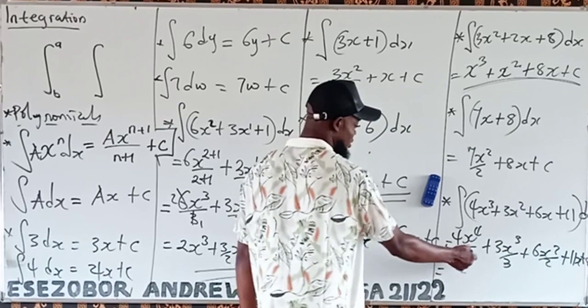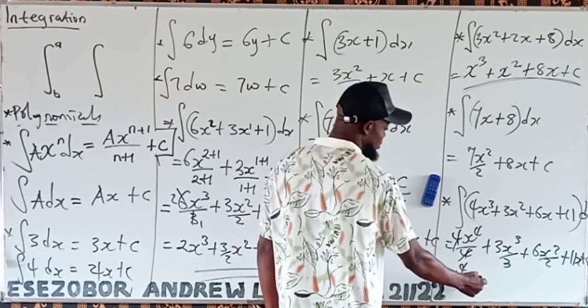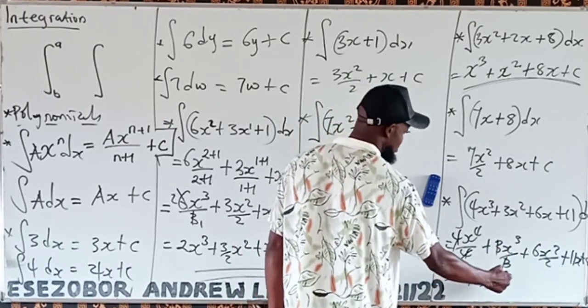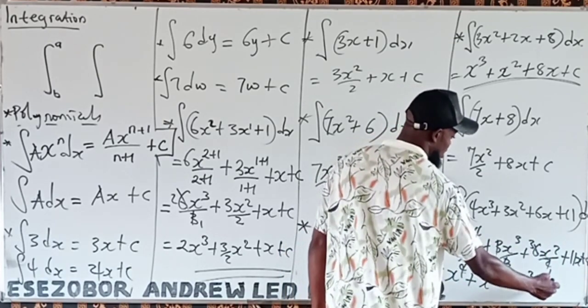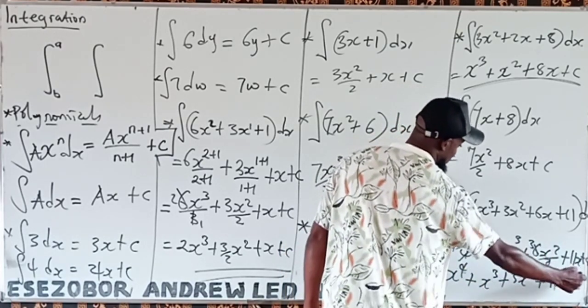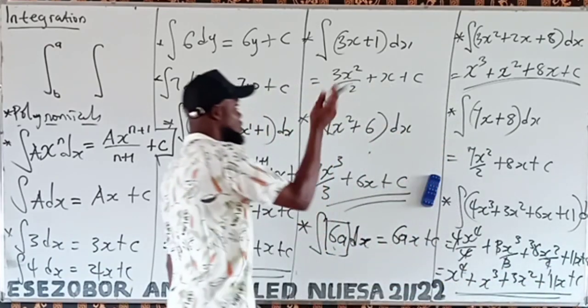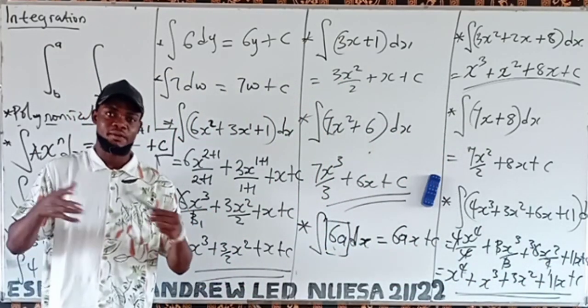This one gives us, cancel 4, x to the 4 plus, cancel this, x cubed plus 3x squared plus 11x plus c. So this is how you integrate polynomial functions.